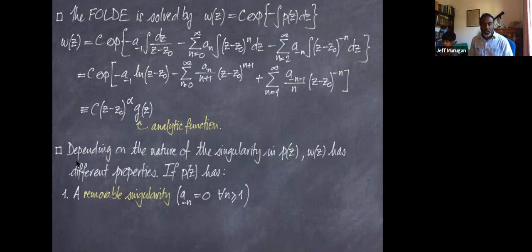So what does this mean? Well, when I have a removable singularity, then my function w of z, which is the solution of my differential equation, is analytic everywhere. And in particular, it can be written as some multiple of this analytic piece g of z. And we say that this first order linear differential equation has a removable singularity at the point z naught.